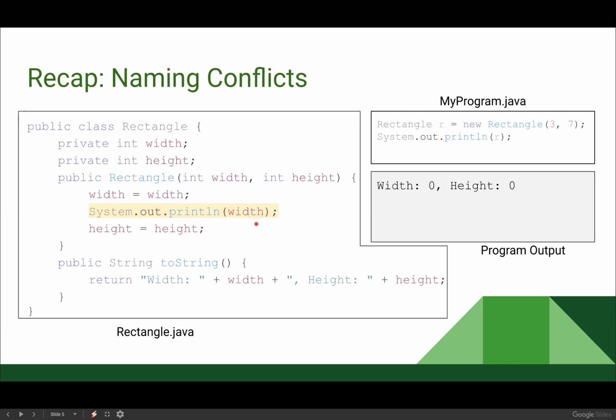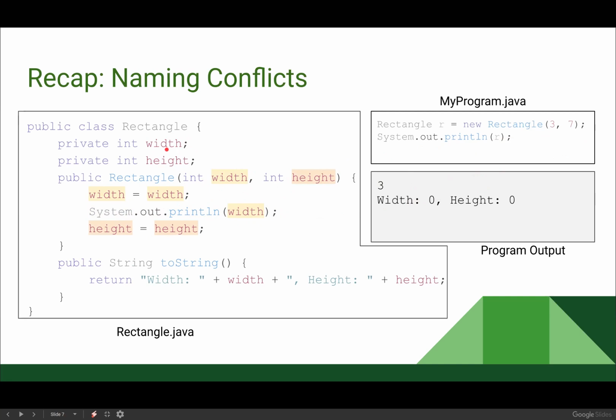So if I print out my width here, I'll see 3 because that's the parameter that's passed in. So 3 gets passed into this value. But then I'm saying that variable, width equals width, and height equals height. So I'm not actually referencing my instance variables. So those are going to be staying at 0.